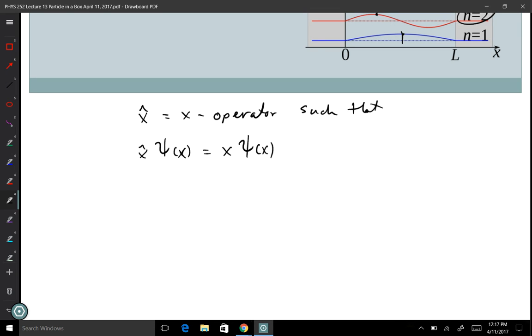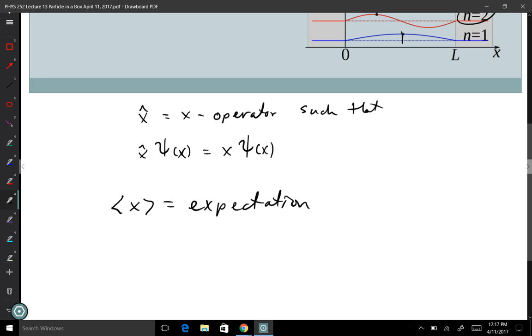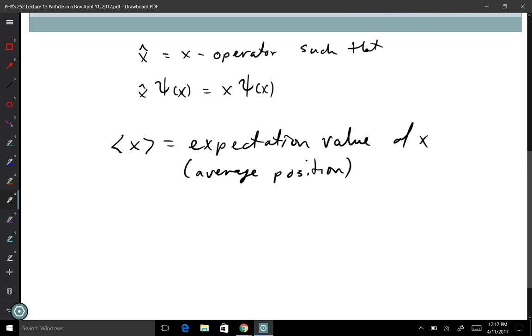What's the expectation value? And what we have to do is take the integral of the actual position multiplied by the probability dx.